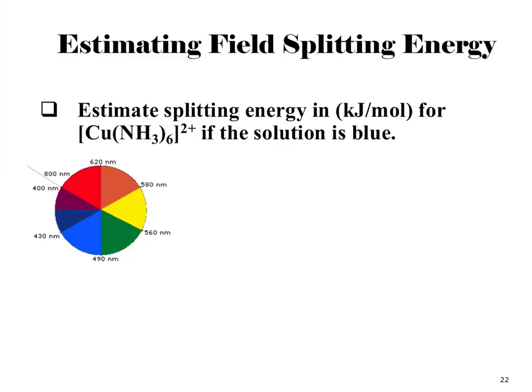That one is being either emitted, transmitted through the material, or reflected back at you, right? And what it means is that the compound itself is absorbing the complementary visible light color to what you're seeing. So if you have a compound that's blue, that means that the compound is actually absorbing in the orange region.